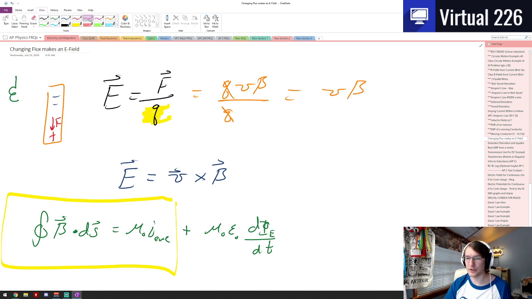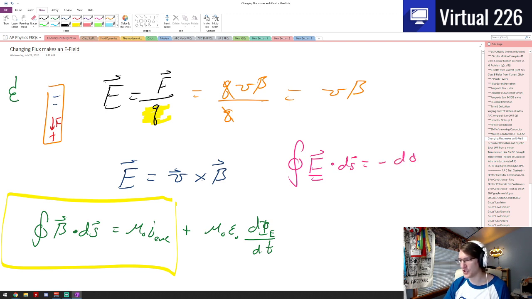And what else is really cool is that if we take this same idea for Faraday's law of induction, which we've been talking about, we can say that the closed boundary integral of an electric field dotted with ds is going to equal the negative change in magnetic flux in an amount of time.